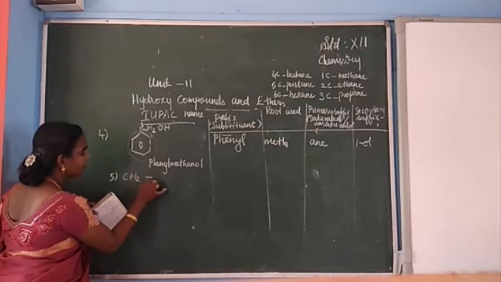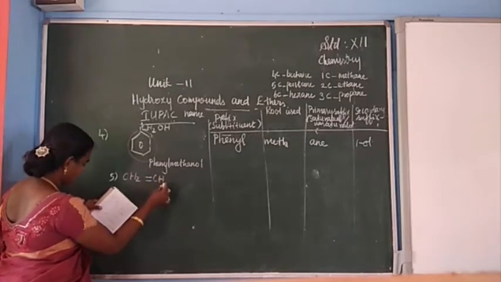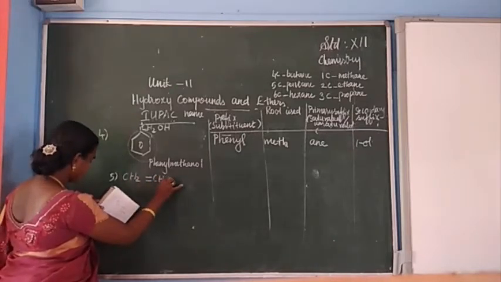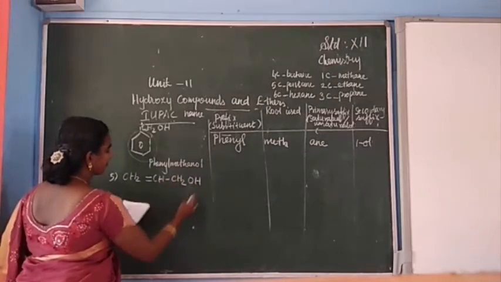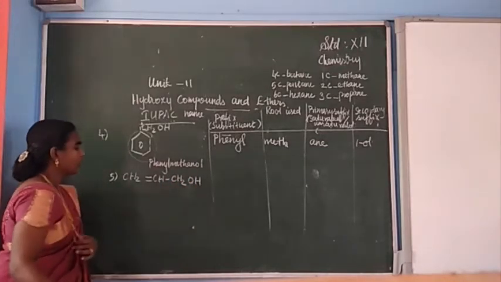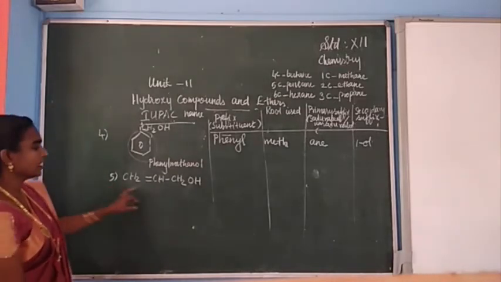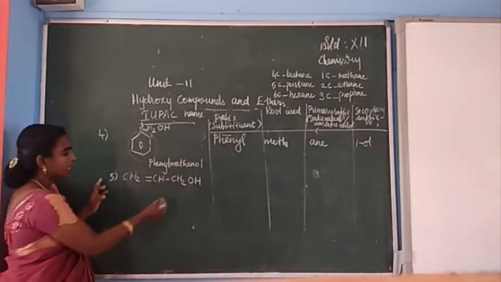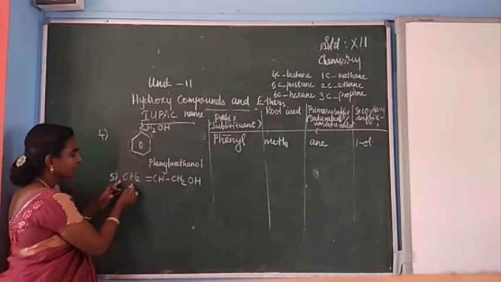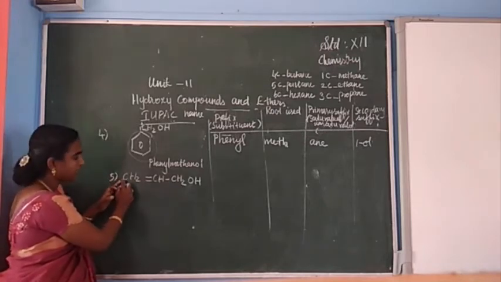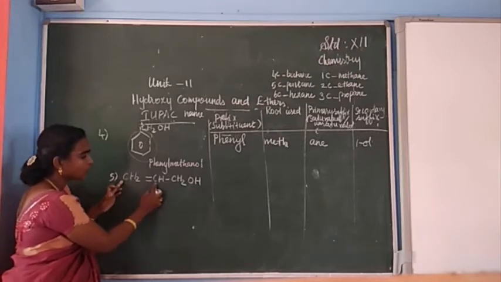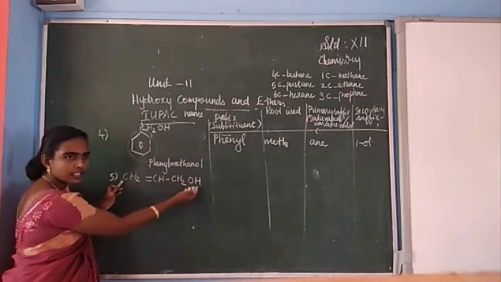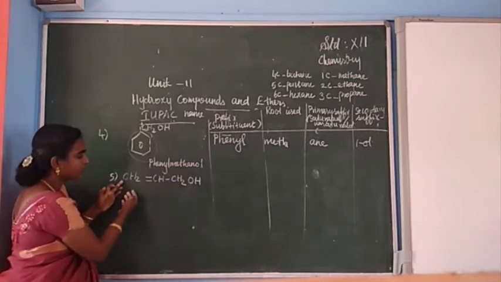Next example we can see. CH2 double bond CH, single bond CH2 OH. When you consider this compound, numbering along the carbon chain, we can number this way 1, 2, 3 or in the reverse direction 1, 2, 3.